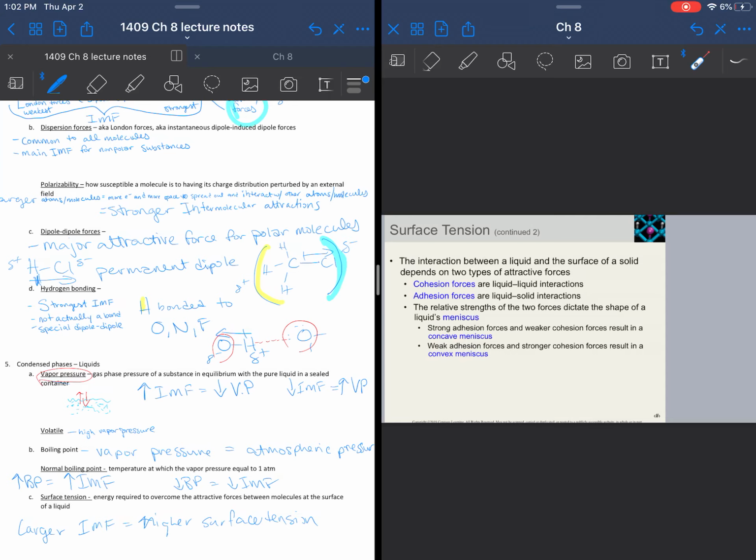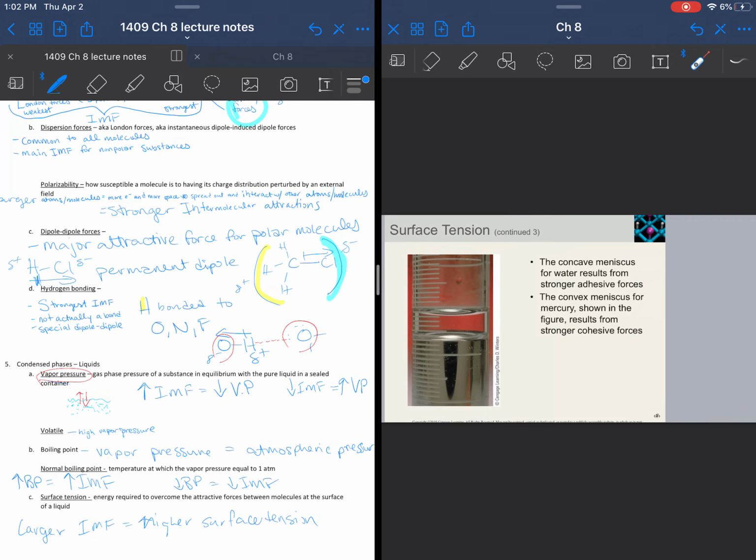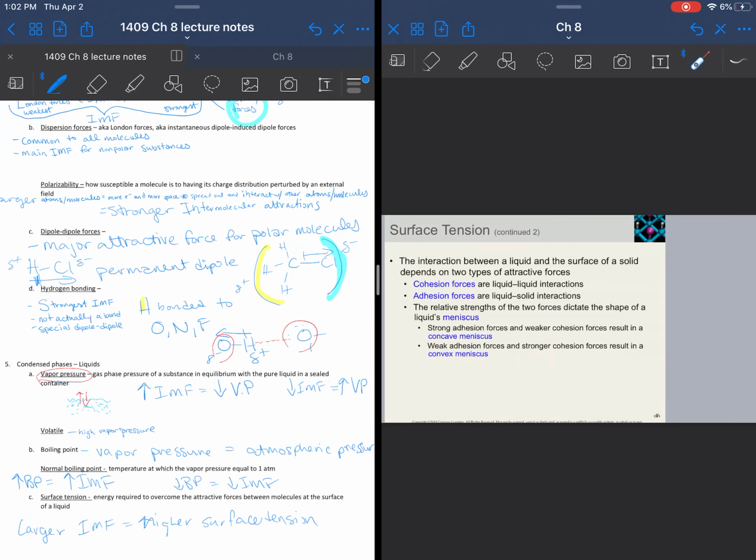You can see that if you ever just put a couple droplets of water on a table and then try to put a couple droplets of acetone, water will make a droplet shape, but acetone will just go out flat. Acetone is polar, but it can't hydrogen bond, right? This is acetone. It has oxygen, but there's no hydrogen directly attached to it. So it's got a lower boiling point. It's also not going to give you that same kind of spherical shape.